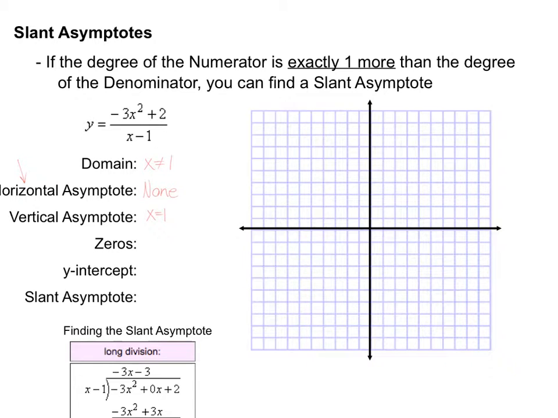Now let me sketch one of these. This is not going to match our graph here, but I want you to see what this looks like before we actually sketch ours. So let's say we have a vertical asymptote here. A slant asymptote is going to be something like this. Here's our slant asymptote. Notice this will still divide our graph into 4 regions.